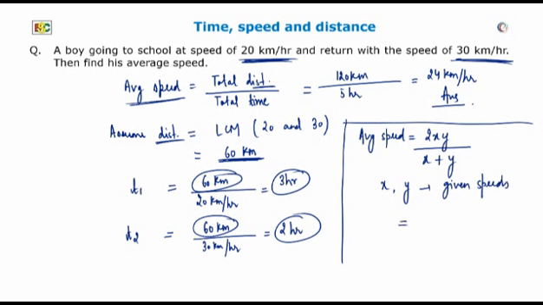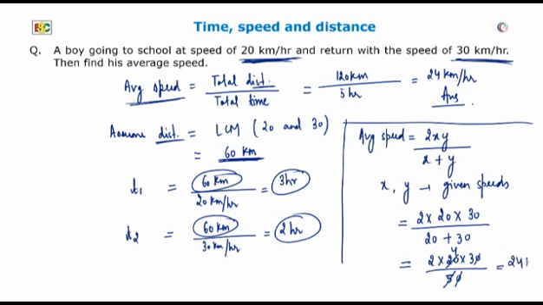Now, if we put the values, x is equal to 20 km per hour and y is equal to 30, so 2 into 20 into 30 upon 20 plus 30, that is 2 into 20 into 30 upon 50. 0 and 0 cancel, 5 into 4 is 20, and this will be equal to 24 km per hour. That is our average speed.